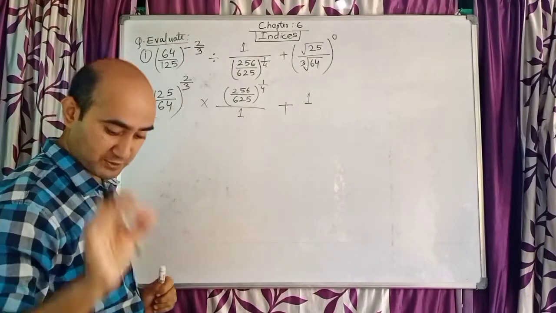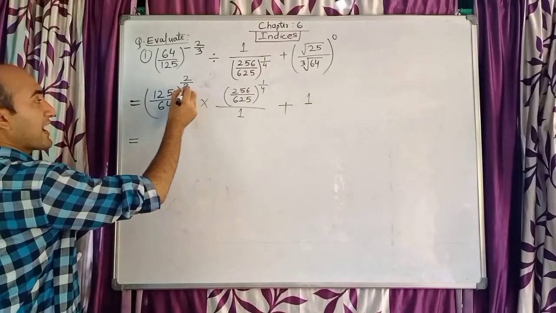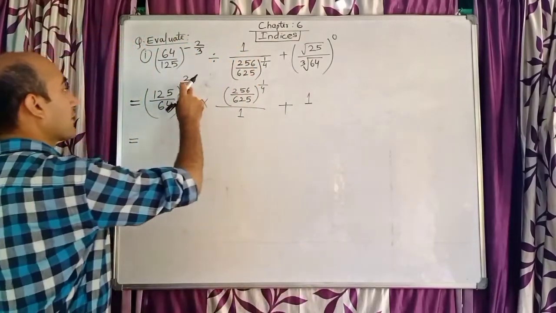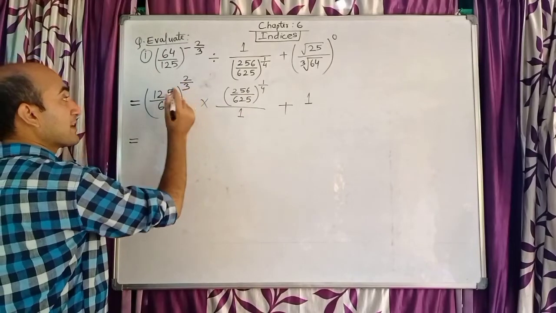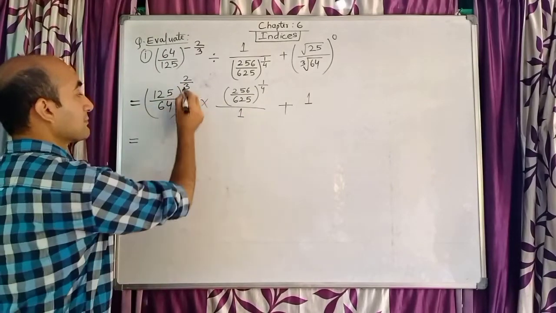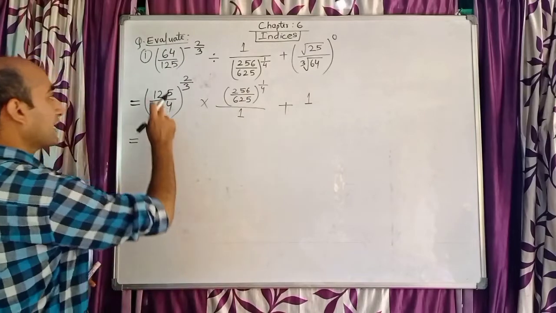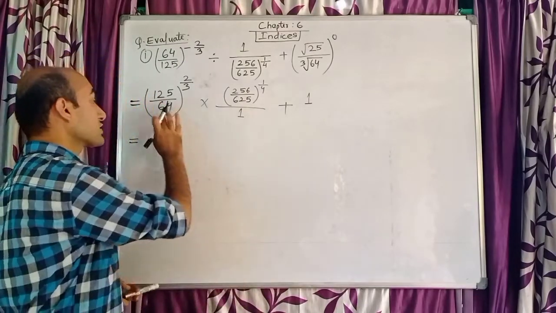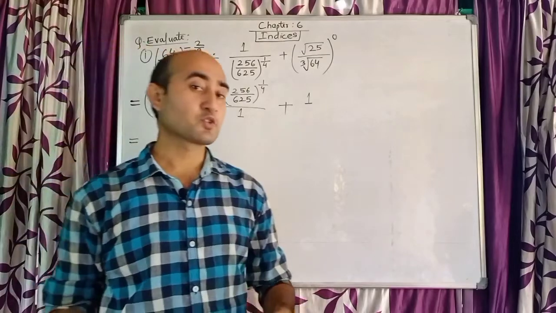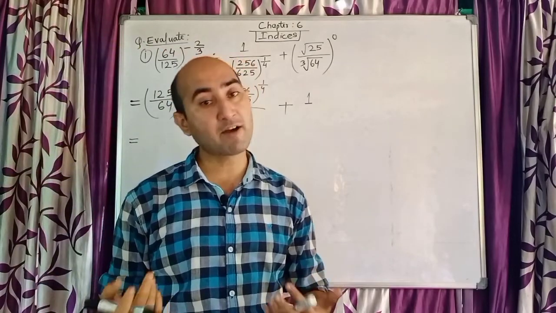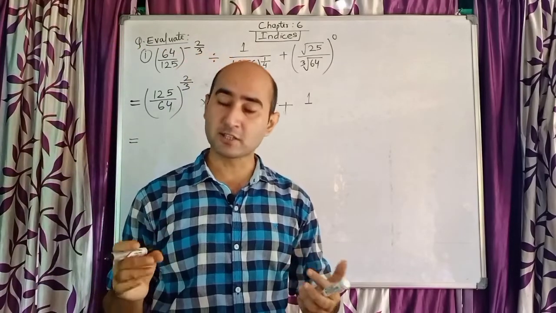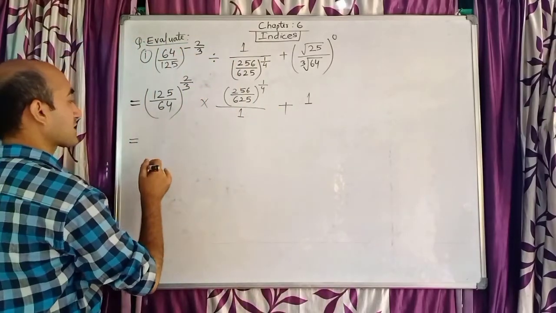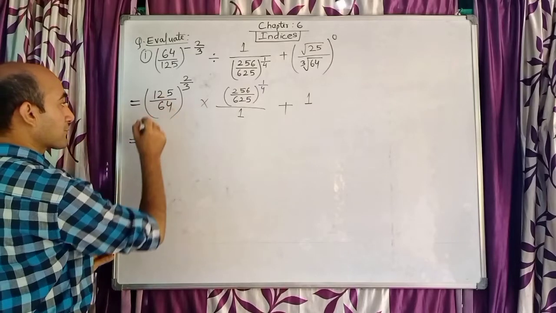yesterday also in my last video I have told you, if I have fractional power, then look at the denominator of the power. What is the denominator of the power? 3. 3 means cube. So you think 125 is cube of which number? And 64 is cube of which number? 125 is cube of 5 and 64 is cube of 4. So to remove this denominator in the fraction power, you will have to make it cube.